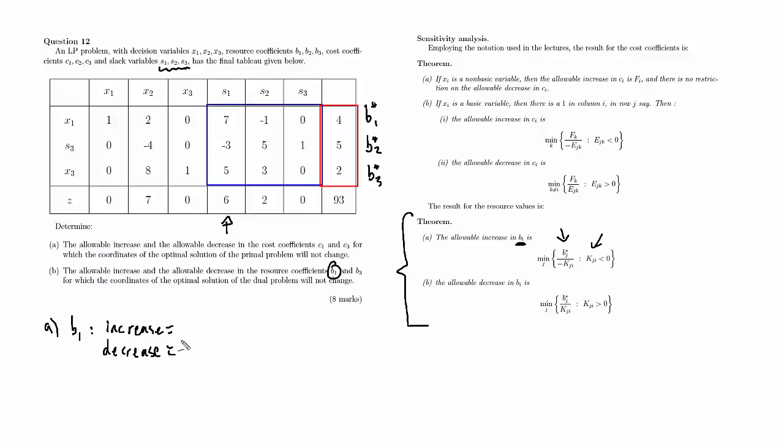Once again, we're interested in whether a value is negative or positive. For the increase, we range over all the negative values, which is this one only. And then we take the corresponding value of B, which appears over here, and then calculate the corresponding fraction. Since there's only one negative value, we only have one thing to worry about, and the allowable increase is just 5 on 3.